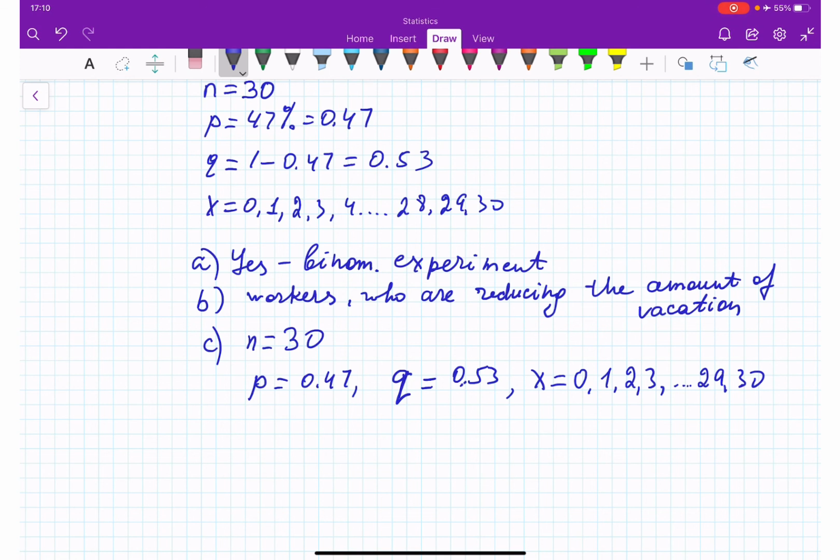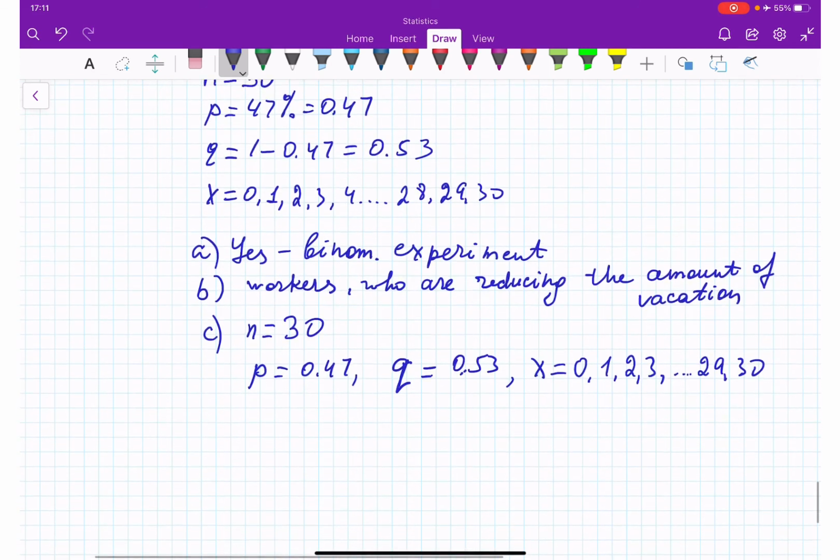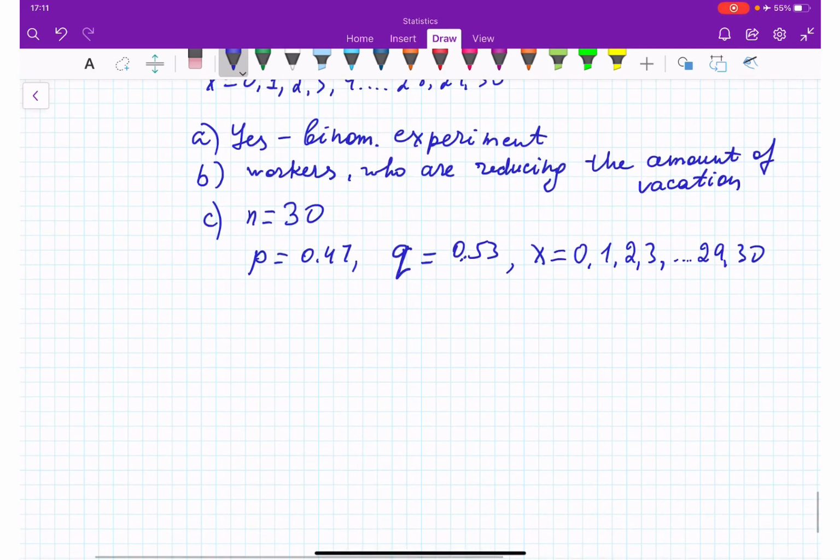Moving to question number 13. So what do we have in this question? Question number 13. Here we are going to do binomial probability.